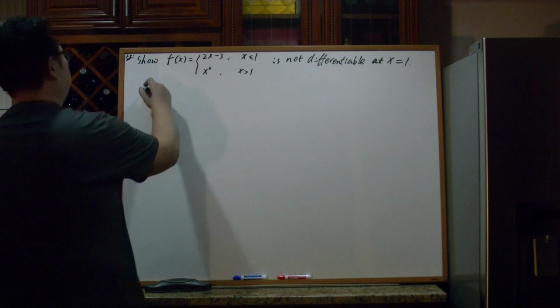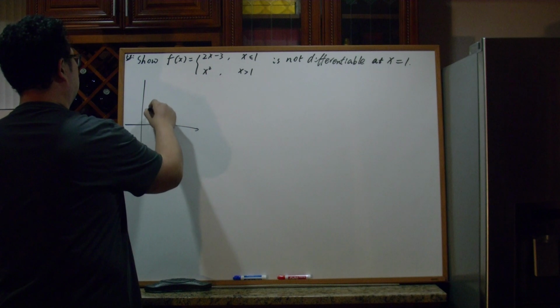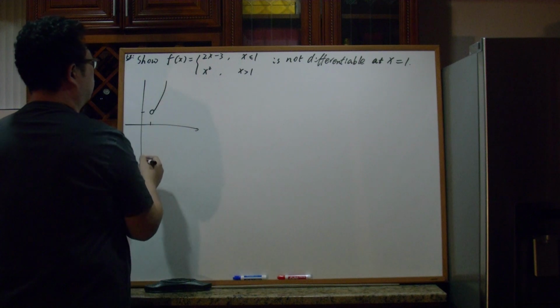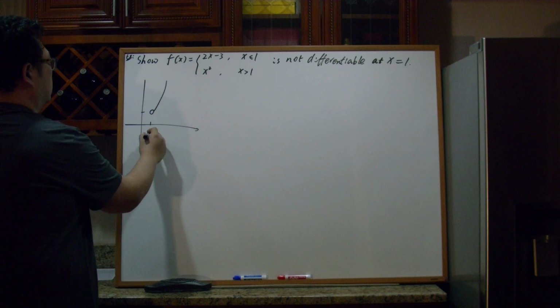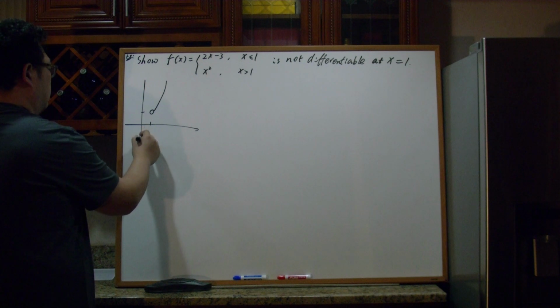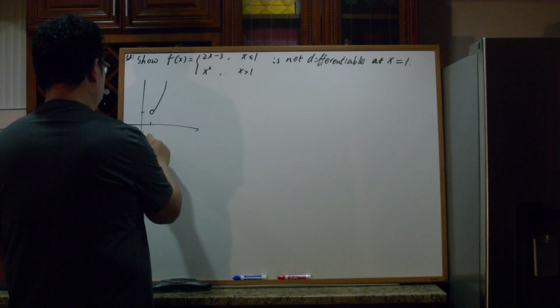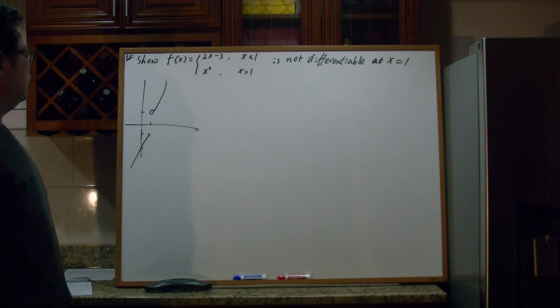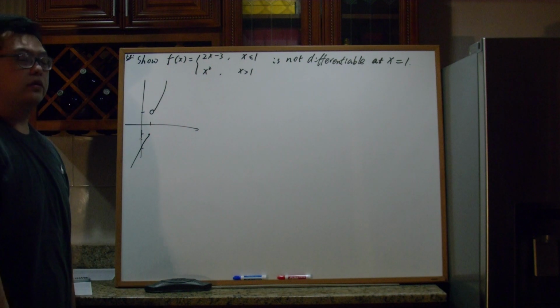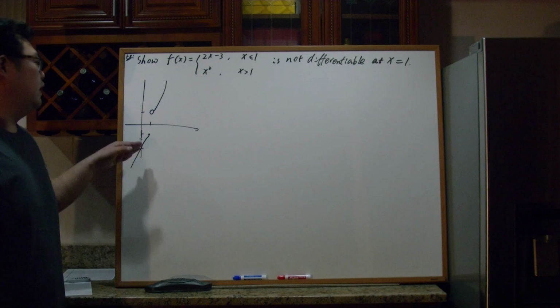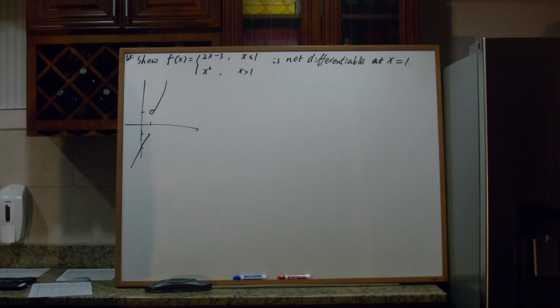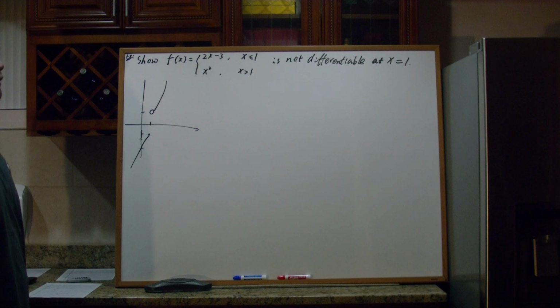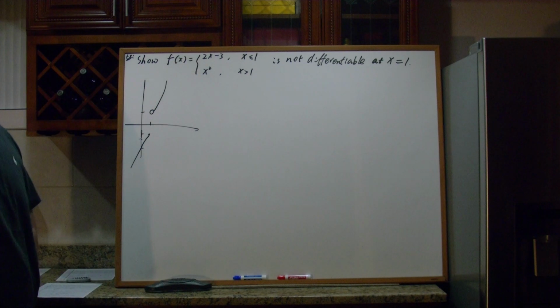If we graph it, for x less than or equal to 1 there is a piece, and for x after 1 there is another piece, and that's a point here. So it simply breaks. From the graph, we already see it should not be differentiable since it's not continuous. But we haven't talked about the relationship between continuity and differentiability yet. As we see, f of c has to be defined at least. In this case, f of c is defined. Later we'll see that it needs to be continuous, but let's see.